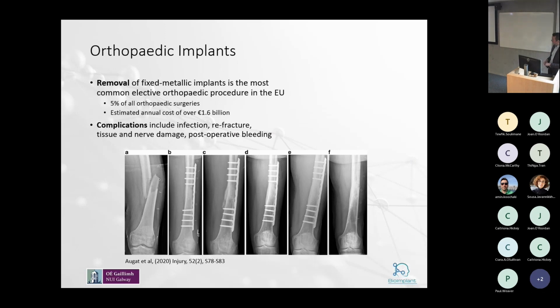So in the area of orthopedics, the removal of fixed metallic implants is the most common elective procedure carried out in the EU. So it's about 5% of all orthopedic surgeries. So if you have a bone fracture and you have a fixation plate applied to that fracture to aid healing, once the fracture is healed, that plate is typically removed.